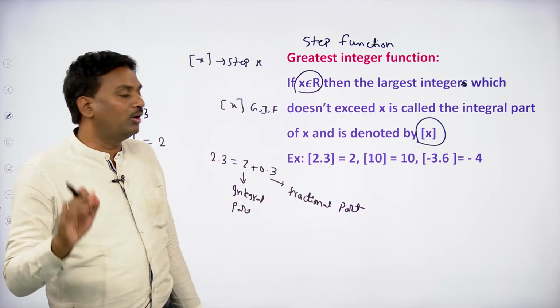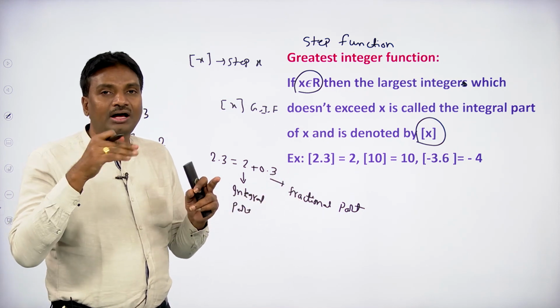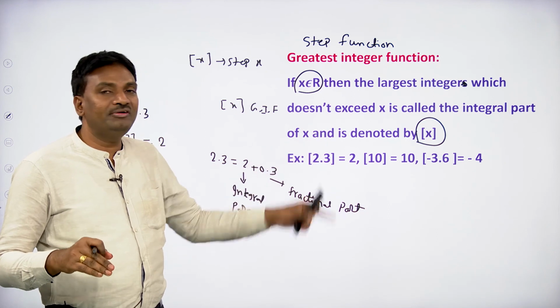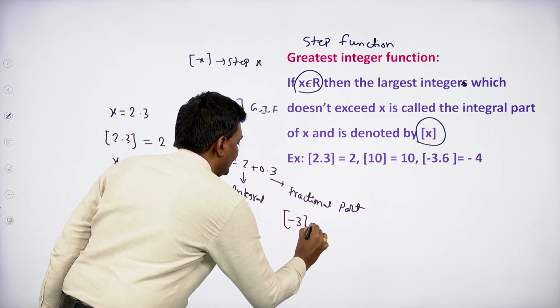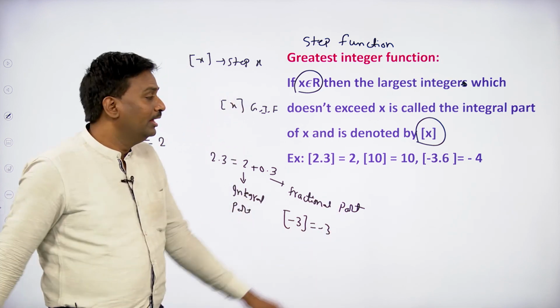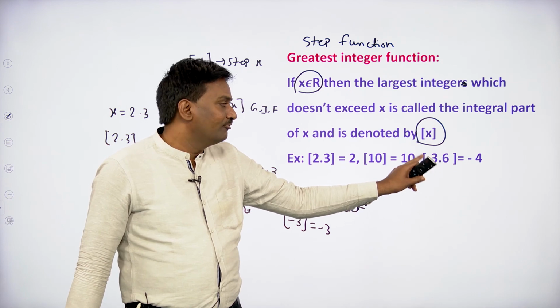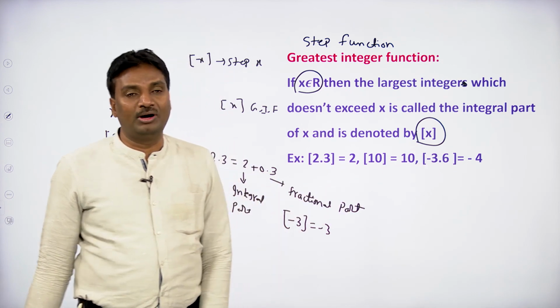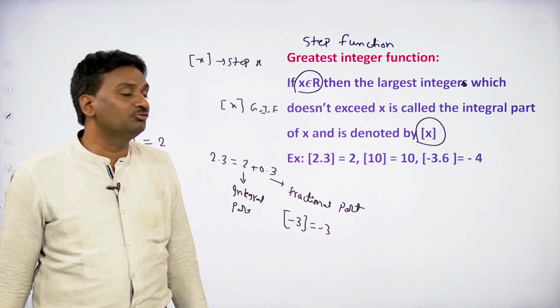If you have a positive number like this, take exactly the integral part. If we have an integer only, whether negative or positive, like step minus 3, we take that as minus 3 only. If we have a negative number with integral part plus fractional part, then we have to take the number before it: for minus 3.6, that is minus 4.